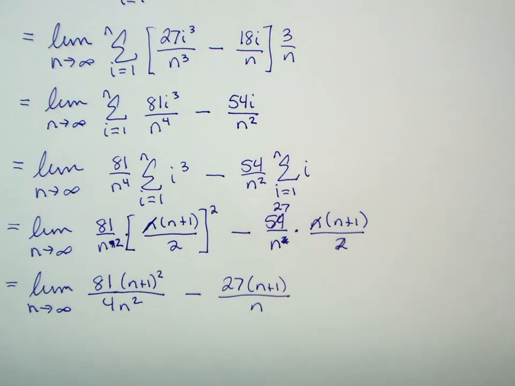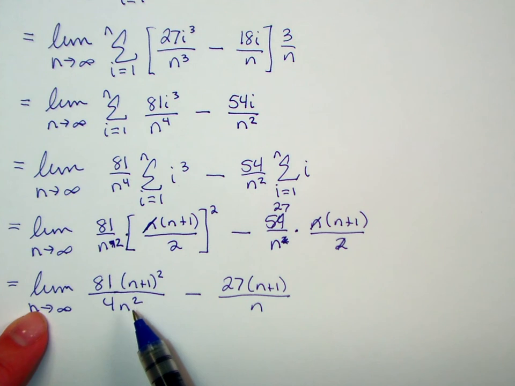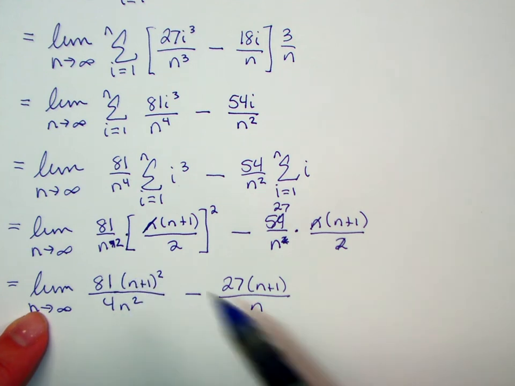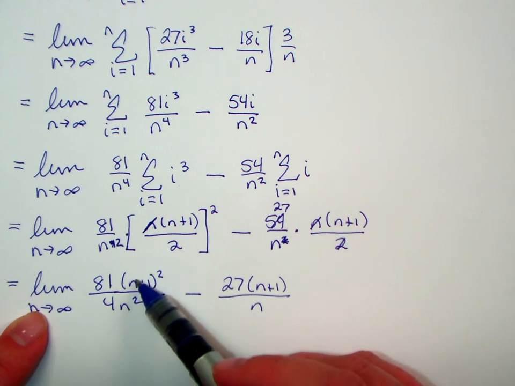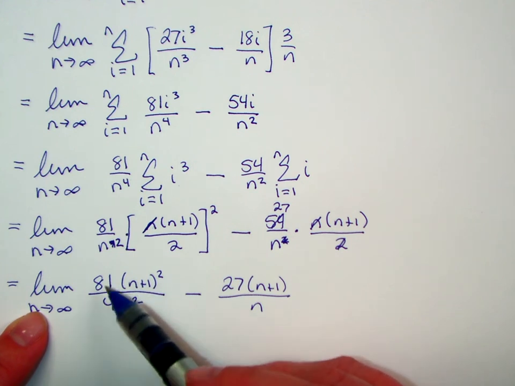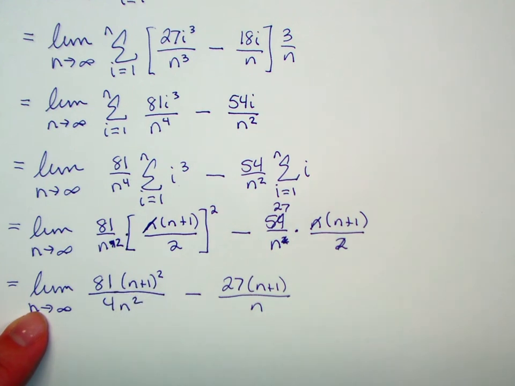So here's where we evaluate this infinite limit. And if the powers of n match, remember that limit as n goes to infinity is just the horizontal asymptote. And the horizontal asymptote, if the degree of the top is equal to the degree of the bottom, is just a ratio of the leading coefficients. So if I were to multiply out n plus 1 squared, I get n squared plus 2n plus 1, right?